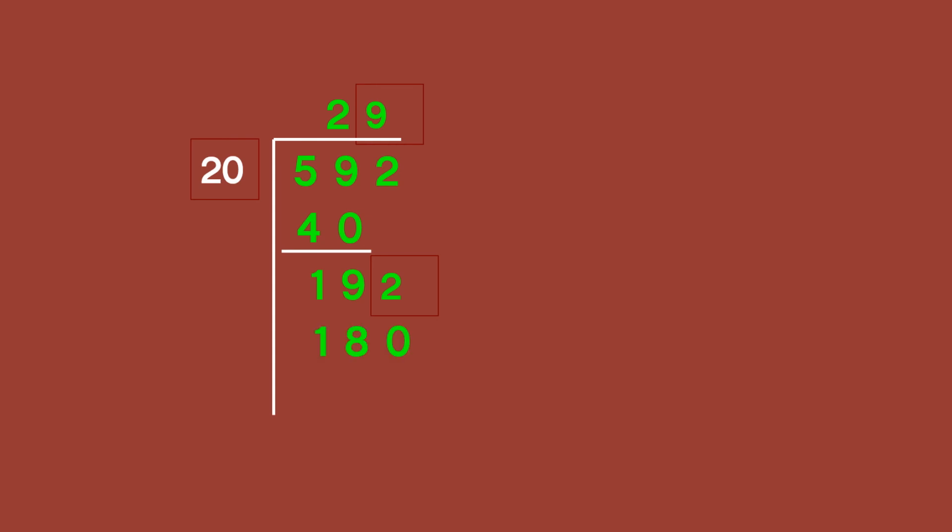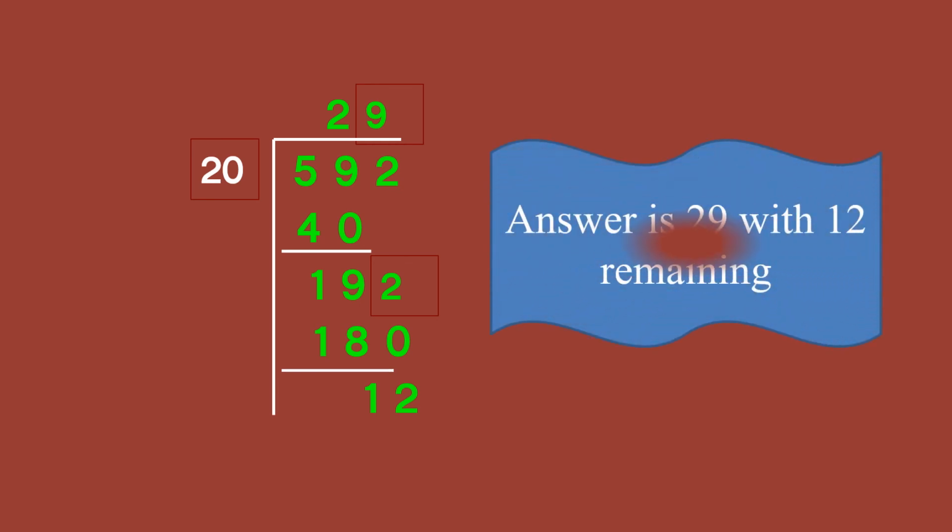So 9 into 20 is 180. So what is the difference? 192 minus 180 is 12. Therefore, I can say the answer is 29 with 12 remaining. It's easy, isn't that so?